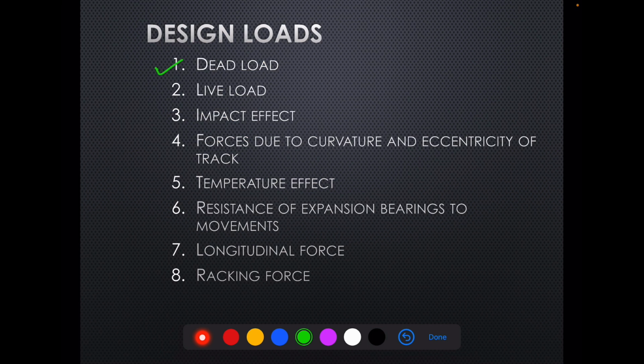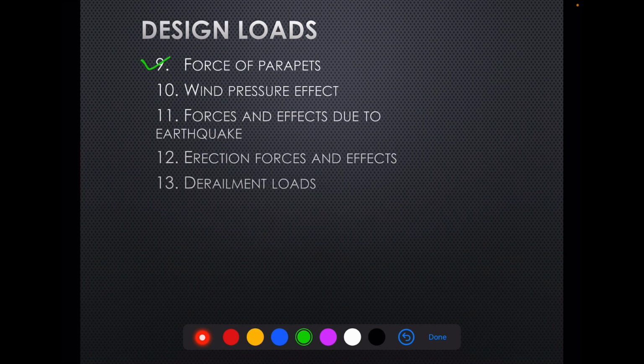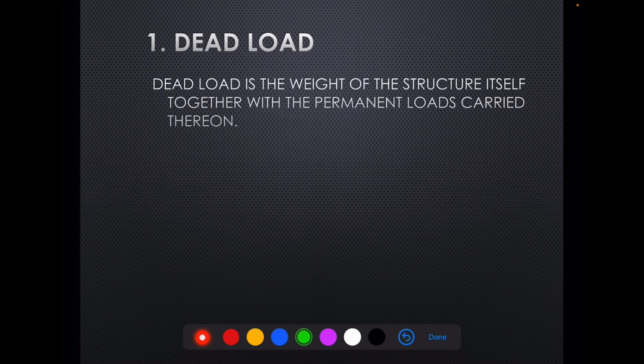These are dead loads, live loads, impact effect, forces due to curvature and eccentricity of track, temperature effect, resistance of expansion bearing to movements, longitudinal force, racking force, force on parapets, wind pressure effect, forces and effects due to earthquake, erection forces and effects, and derailment loads. So let's start and deal with these one by one. Let's see what are they.